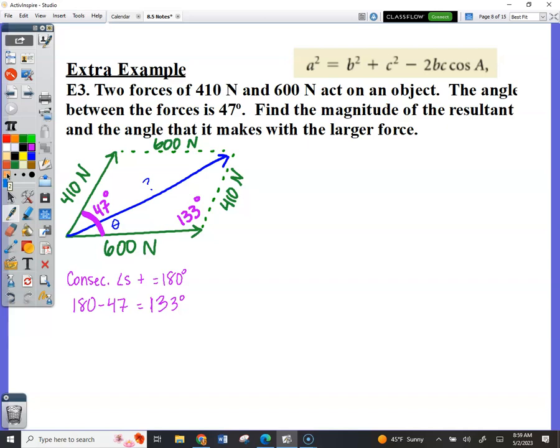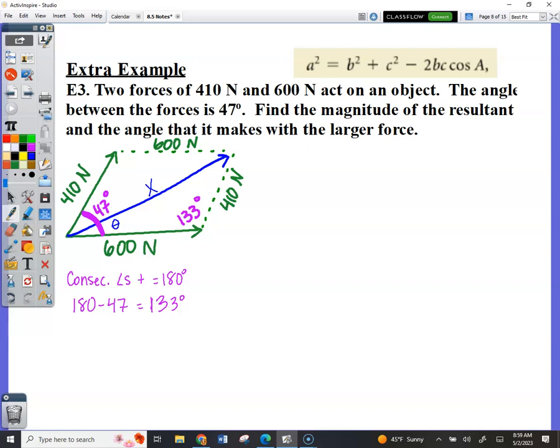Now I did that because my goal is to find the length of this resultant. I'm going to take this question mark off and put an X, so I have a letter. Or you can call it A. It doesn't matter. If it bothers you to call it X, then call it A.